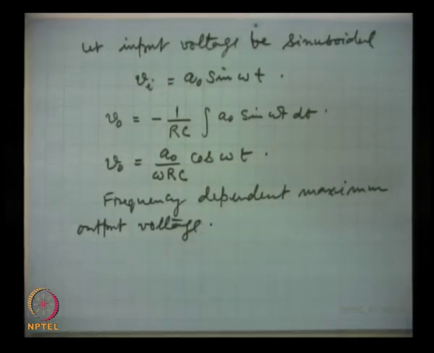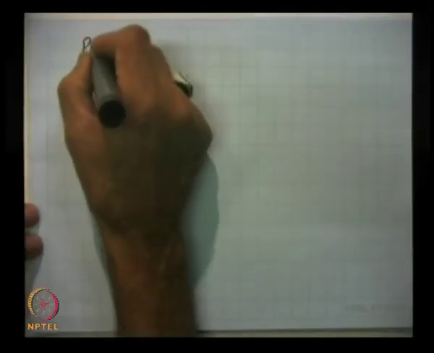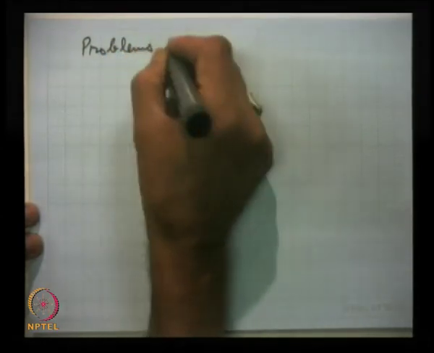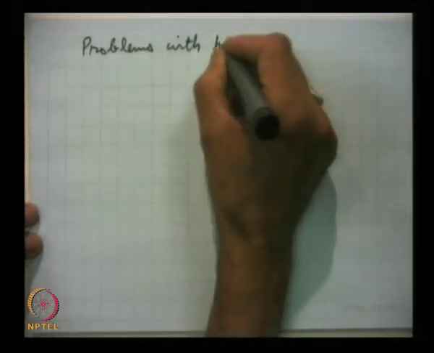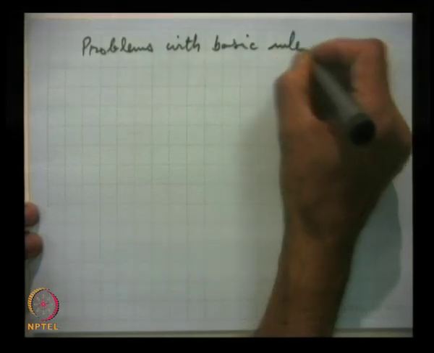Now let us continue with the integrator amplifier, and what are the problems with the basic circuit which we have drawn simply by replacing RF by a capacitor C. Now there are two problems with the basic integrator.